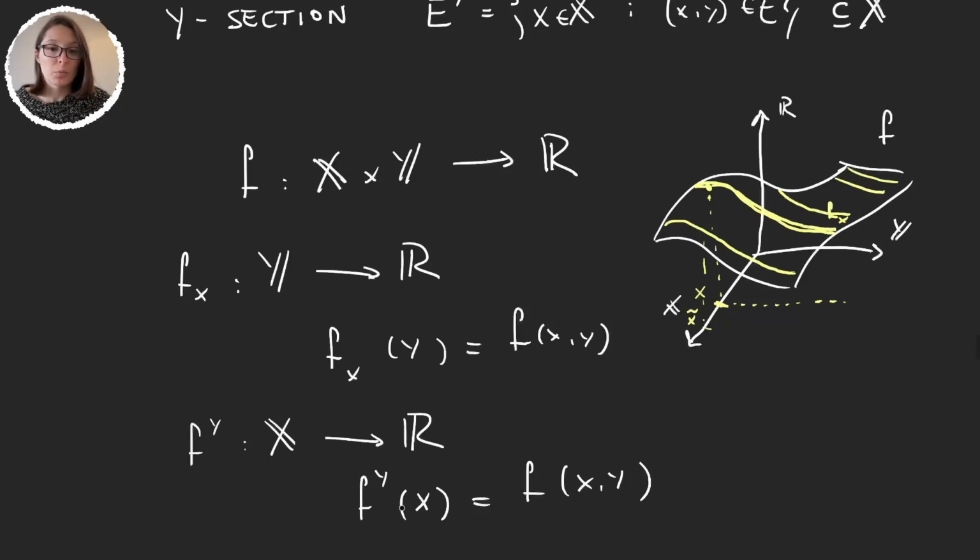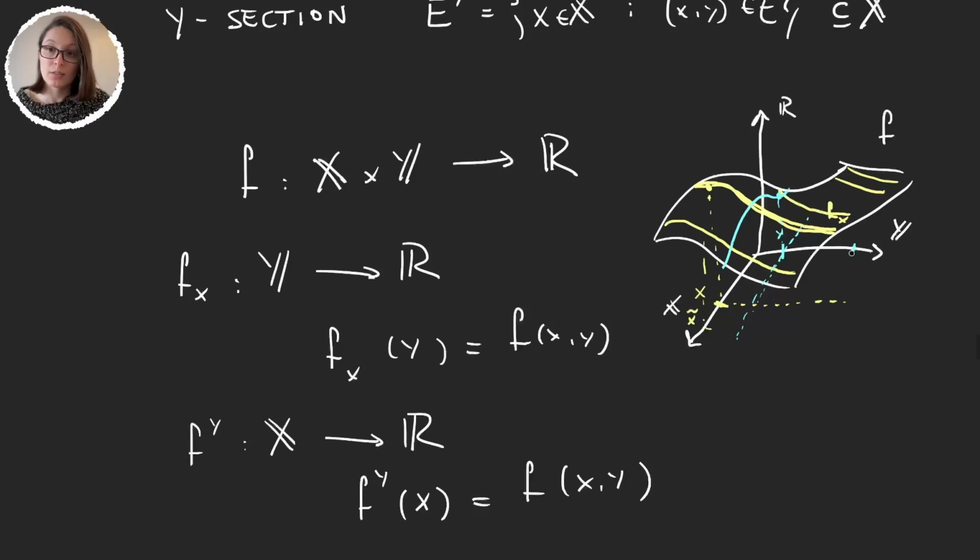And now the same with f_y. So now we fix a value y. We look at here and we say, oh, well, now I want to take all these values f(x,y) here. So that's going to be something like this.